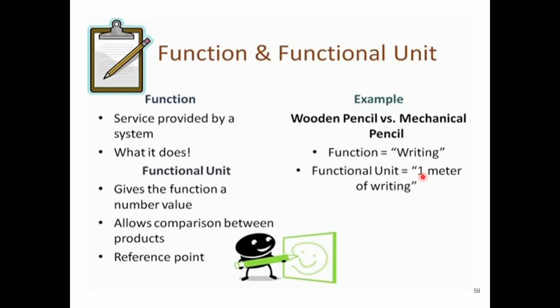Okay, what is the duration, what is the distance at which it will stop writing. So these are some of the aspects by which we can calculate its performance. So that is the use of functional unit. Okay, it is basically a value which helps us to compare and acts as a reference point.